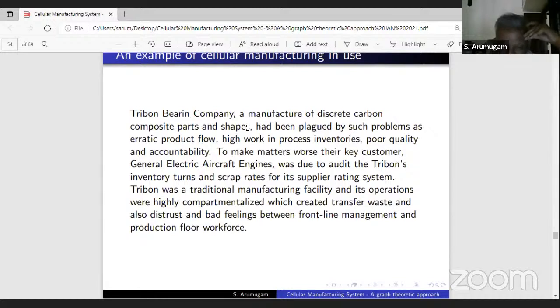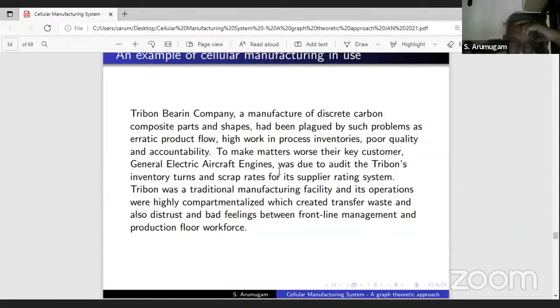The product flow was highly erratic. Work in process was very high. The quality was very poor. There was no accountability in the system. So many of the customers started leaving and going to another company. They were in a very big problem and were not able to manage the company.